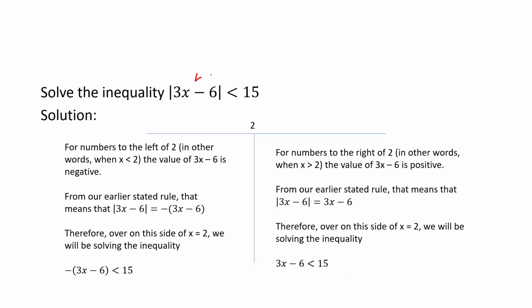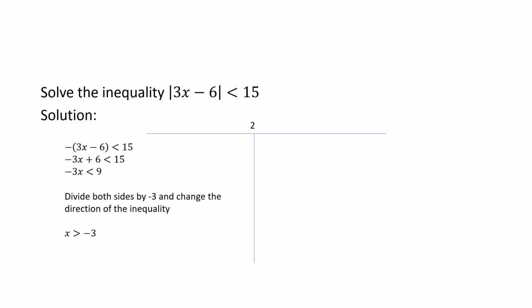Imagine we let x be 3. Well, 3 times 3 minus 6 is a positive value. An earlier rule we learned was that when w is greater than 0, the absolute value of w is w. So on this side of x equals 2, we're going to solve this inequality. So we've got a couple of different inequalities that we're solving, one on one side of 2 and one on the other side of 2.